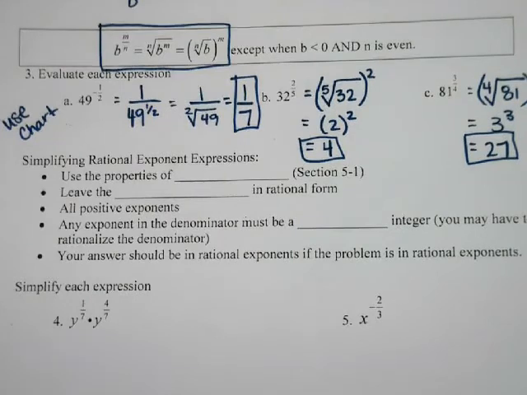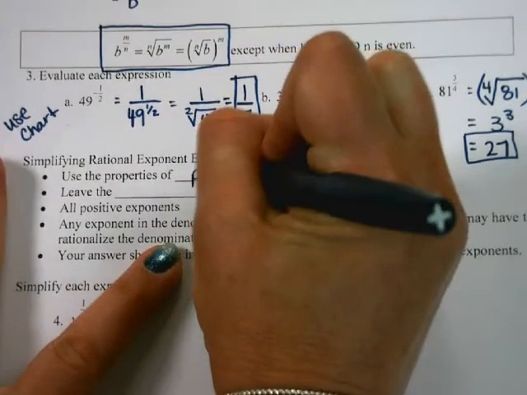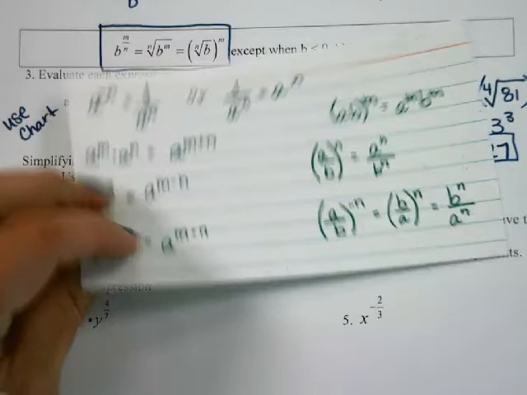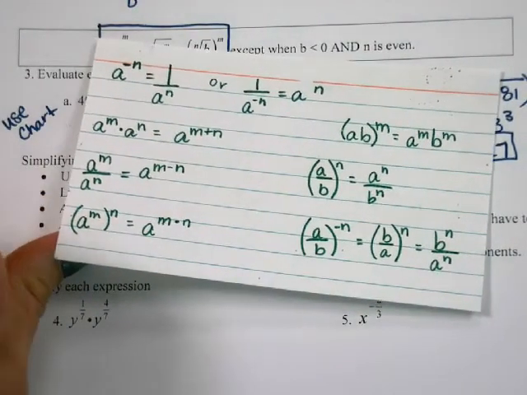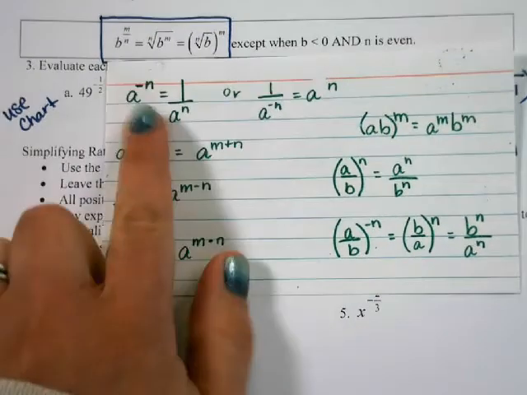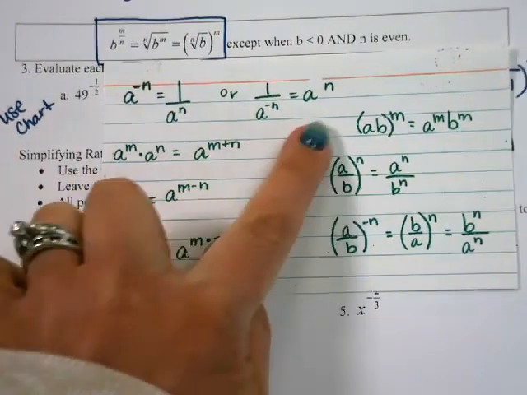Okay, when we simplify rational expressions, we're going to use our properties of powers from 5-1. That's all of those guys. Remember our exponent rules? We just talked about a negative exponent moves it to the denominator. If it's in the denominator, it moves it to the numerator.